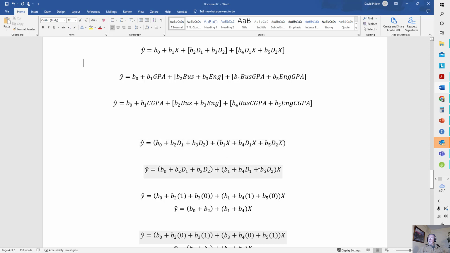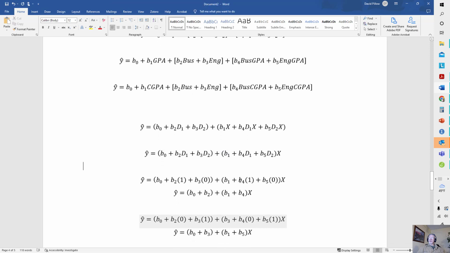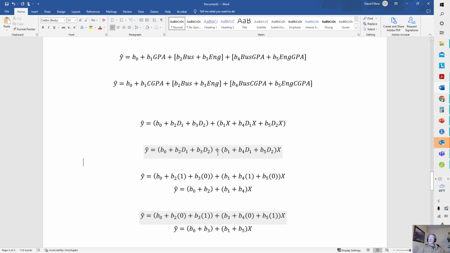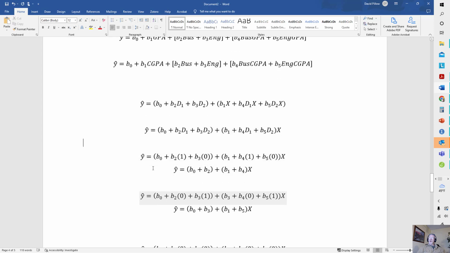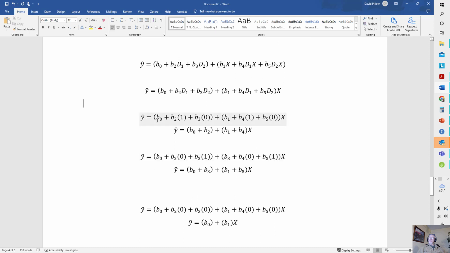I can then go ahead and factor out the X, making it clear that here I have an intercept, here I have the slope and what changes the slope. Intercept and what changes the intercept, slope and what changes the slope. So then if I have an engineering major, I plug in 1 and 0, and the B3 cancels out because that's a 0. B5 cancels out because it's multiplied by a 0.